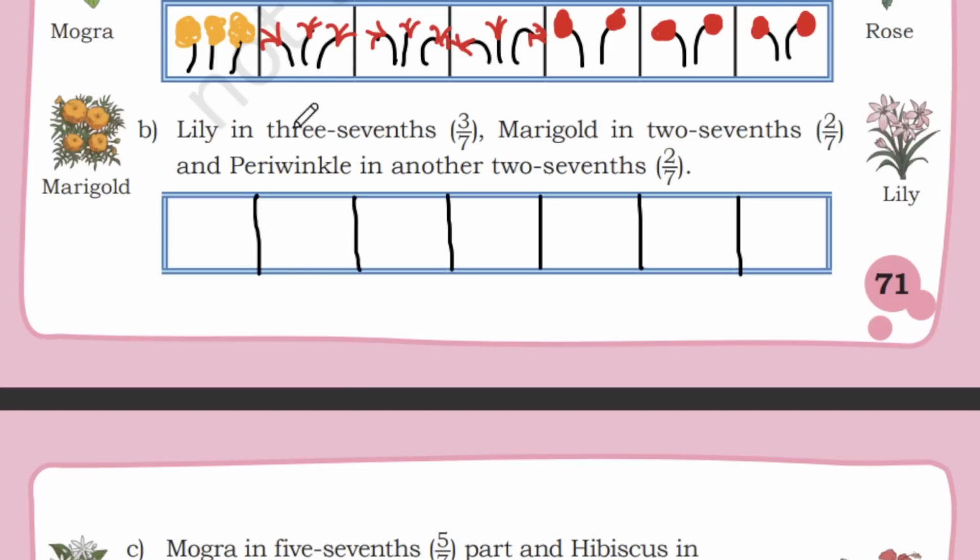Okay, so lily in 3/7. So lily we have like light pink color.